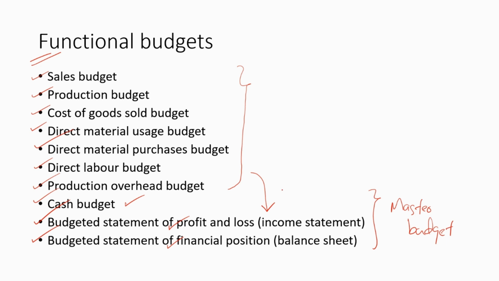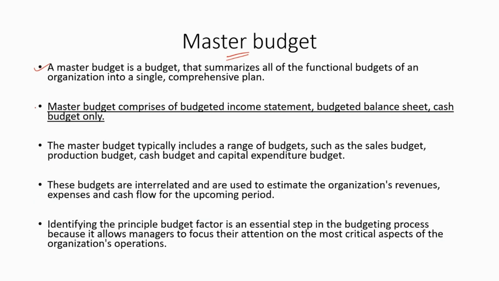It is important to notice that the master budget will only consist of the cash budget, the budgeted statement of profit or loss, and the budgeted statement of financial position. Master budget comprises the budgeted income statement, budgeted balance sheet and cash budget only. This is really important. The master budget typically includes a range of budgets such as the sales budget, production budget, cash budget and the capital expenditure budget.